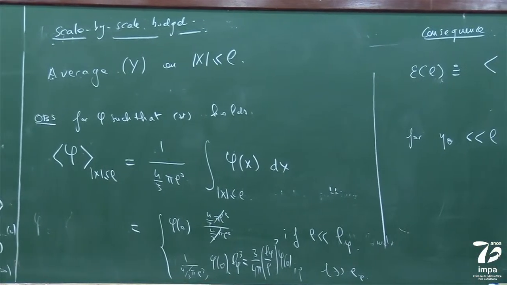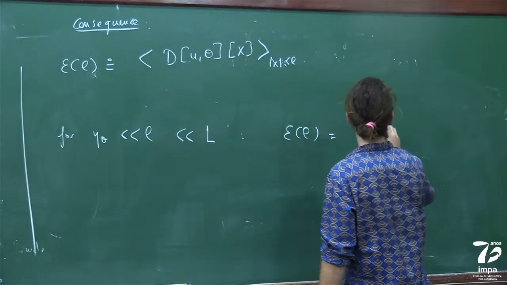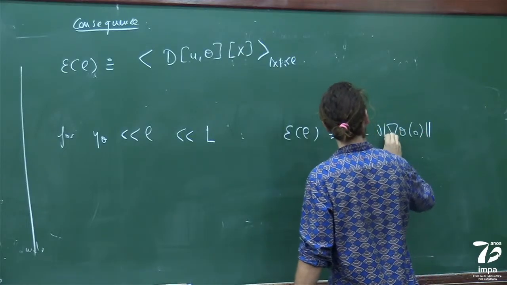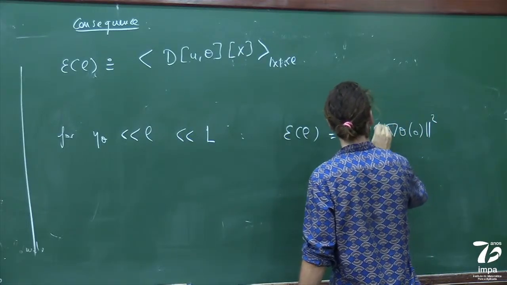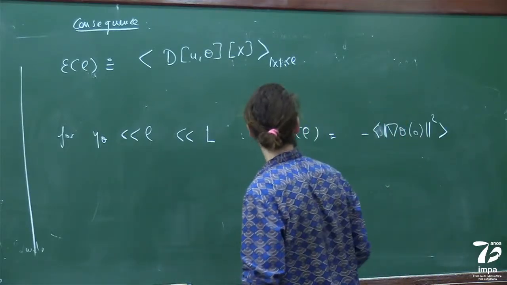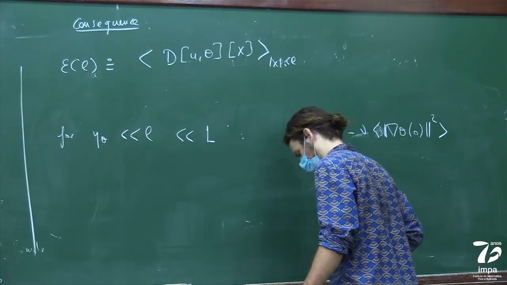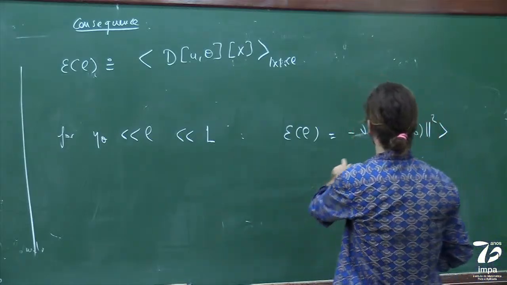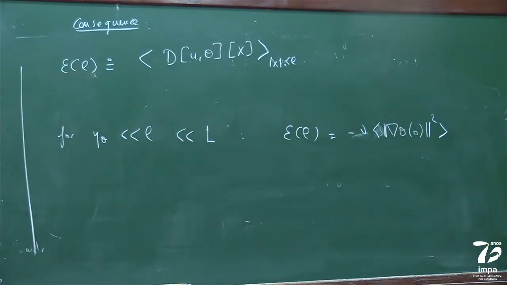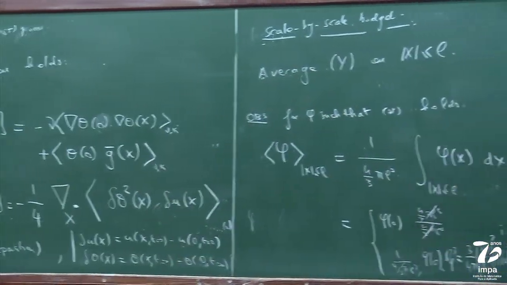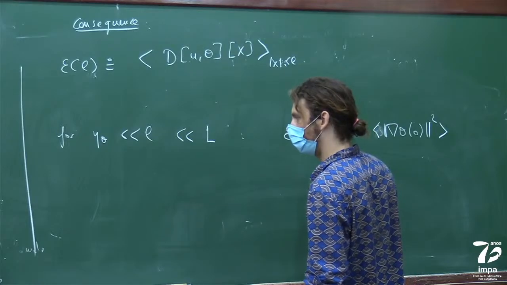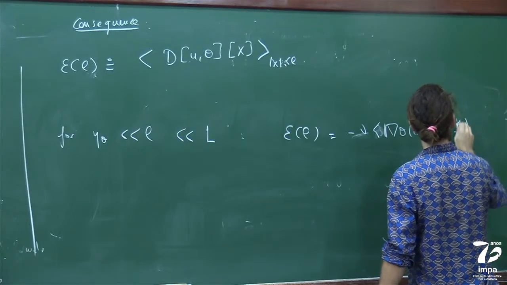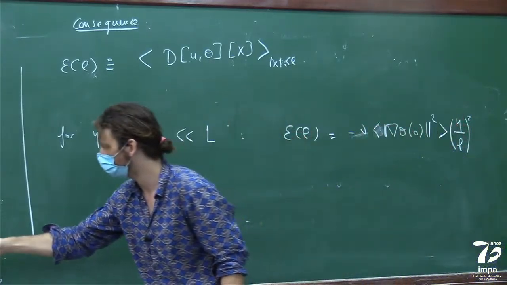So this means that we have minus nu grad theta of 0 square, plus we have a factor eta over L cube times this 3 over 4 pi.